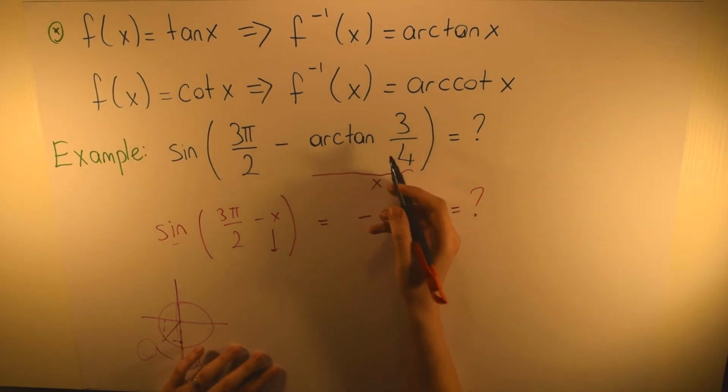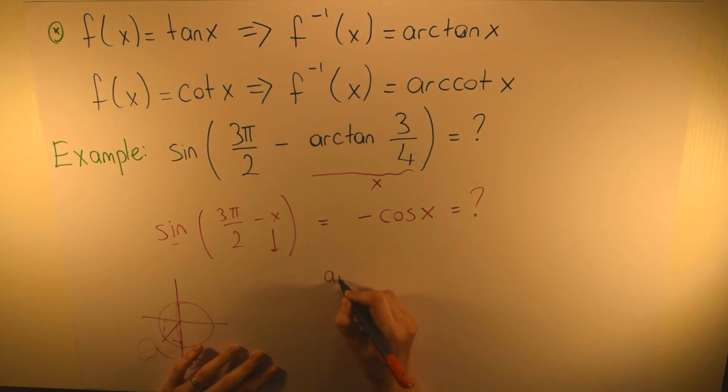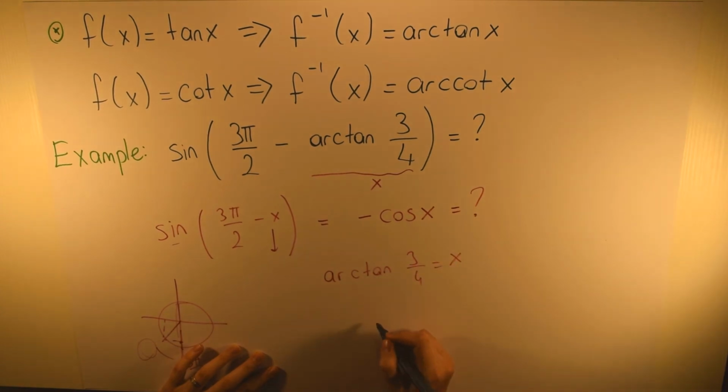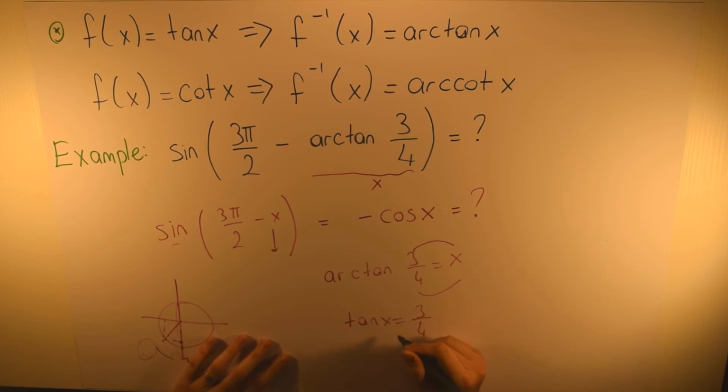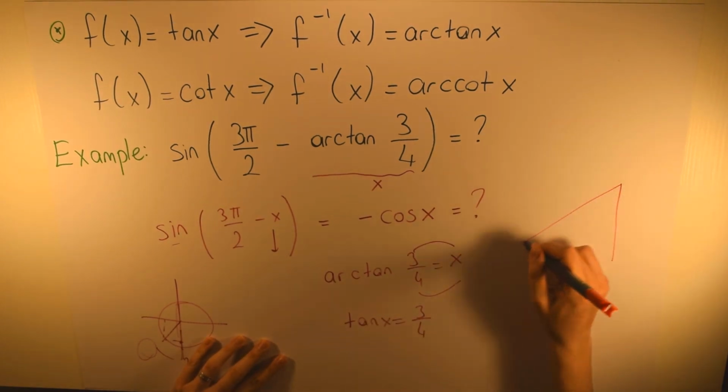Here we said that arctangent 3/4 is equal to x. When I change their location, arctangent becomes tangent, so tangent x is equal to 3/4. In this kind of situation, we immediately draw our right triangle.